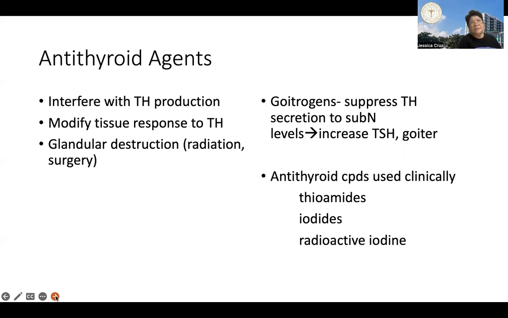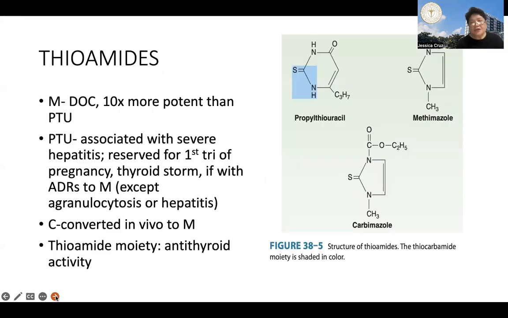And then there are goitrogens that can suppress thyroid hormone secretion to subnormal levels. So this will increase TSH and may eventually cause goiter later on. For the treatment of hyperthyroidism in the clinics, we use the thioamides, the iodides, and radioactive iodine. These are the main pharmacologic interventions for hyperthyroid conditions.